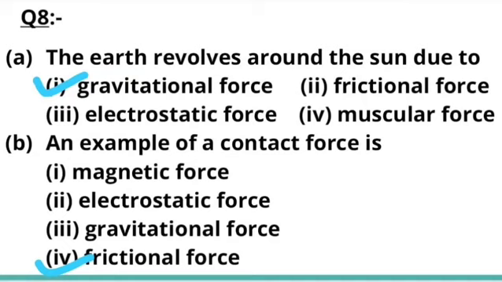The frictional force is an example of contact force, because a frictional force is a force that arises due to contact between two surfaces. So this is an example of contact force.